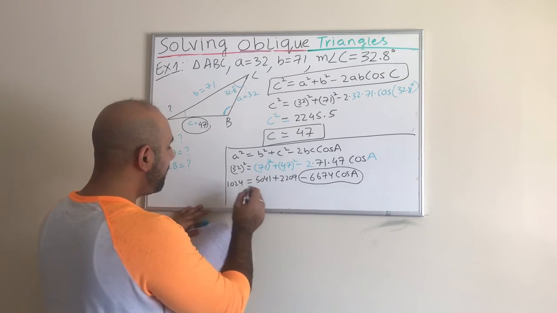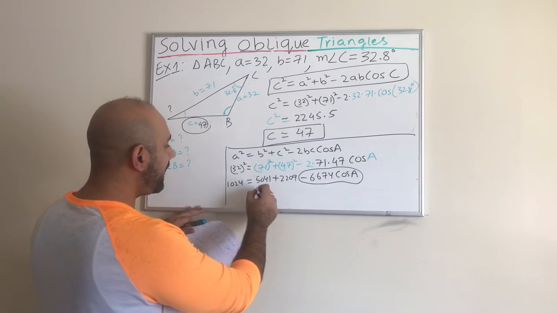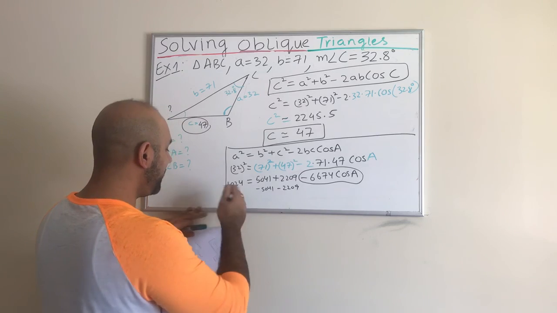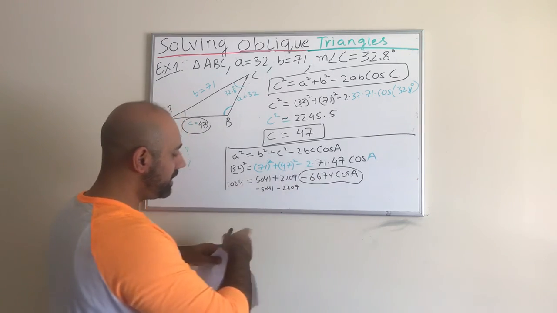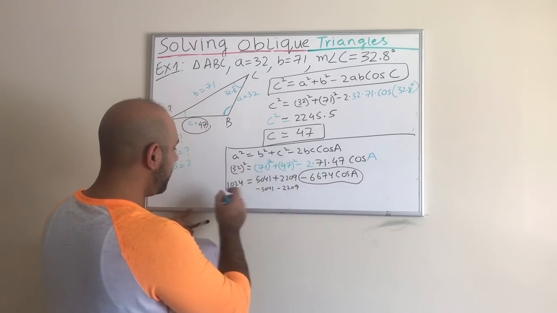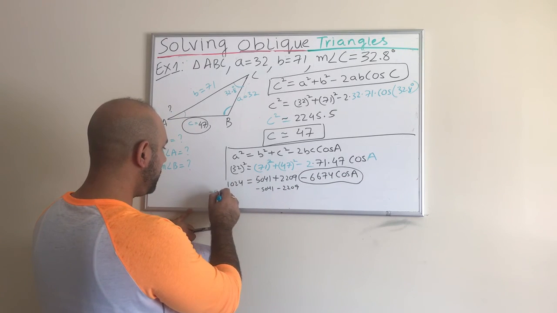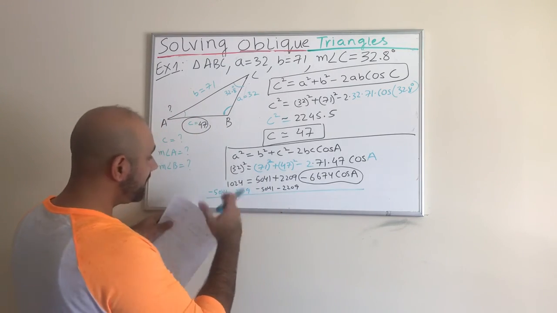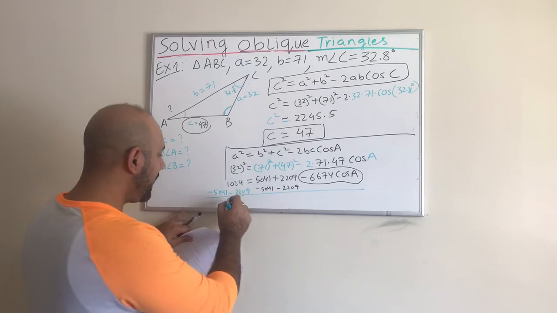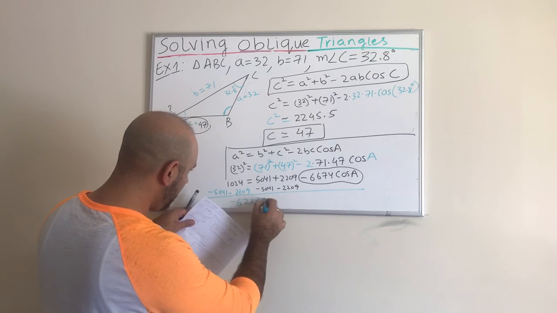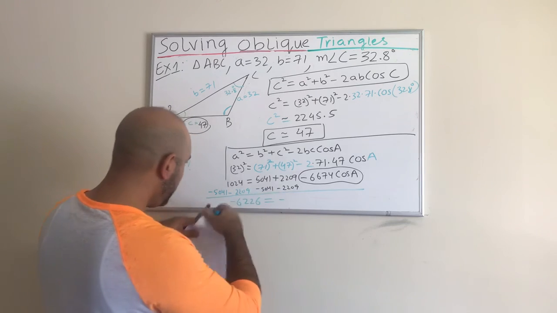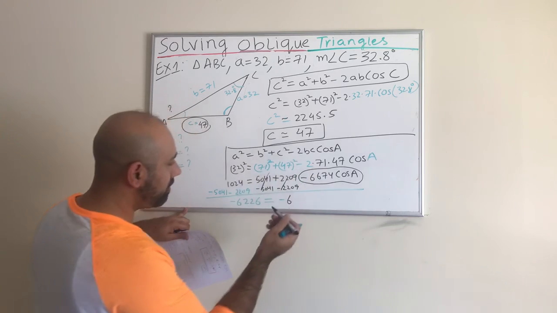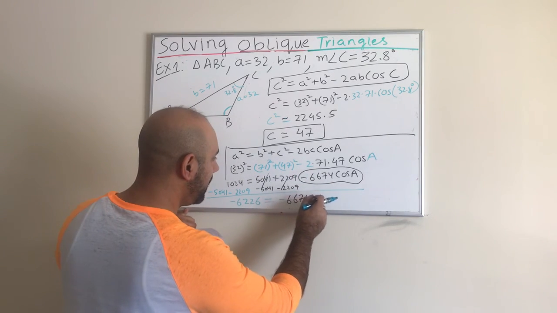When I subtract 5041 and 2209, and do the same thing to the left hand side, because we want to isolate this term, then we can evaluate cosine of A. Finally on the left hand side, using my calculator, I got negative 6226 equals negative, and here nothing changes, these two numbers crossed out, and here I have 6674 cosine of A.